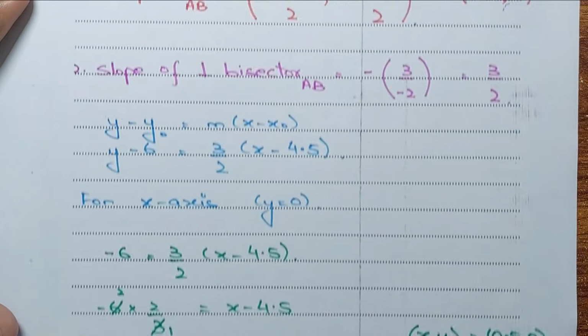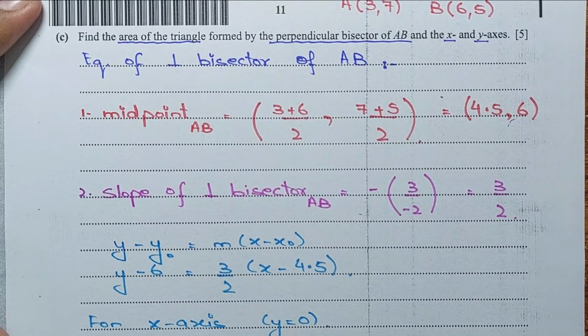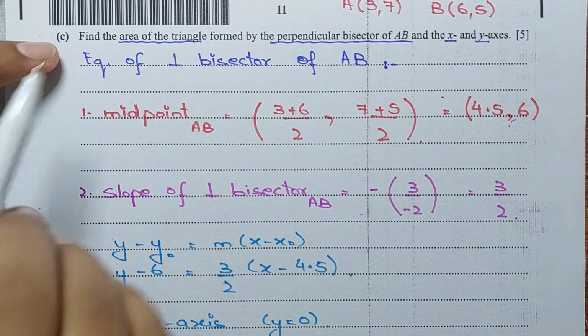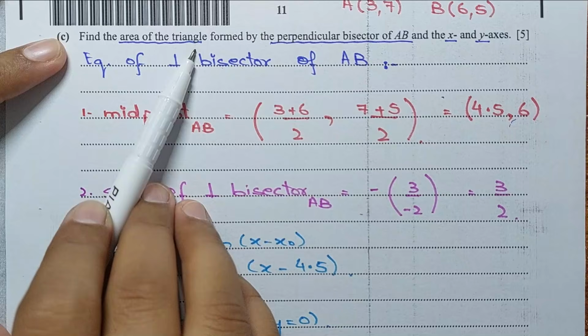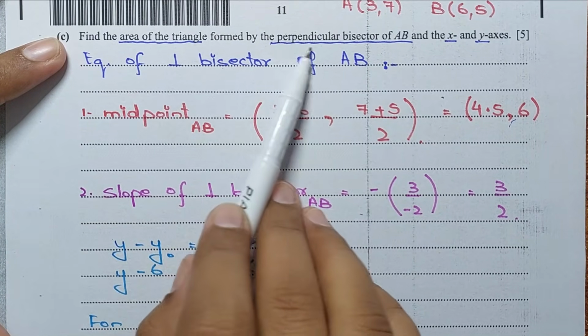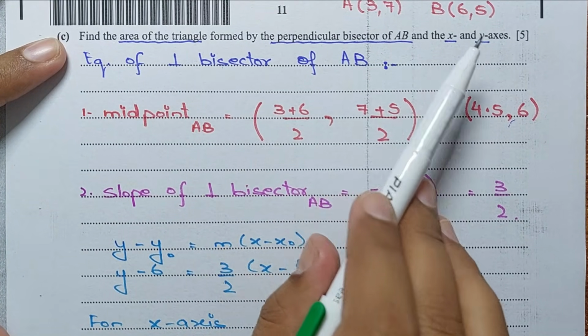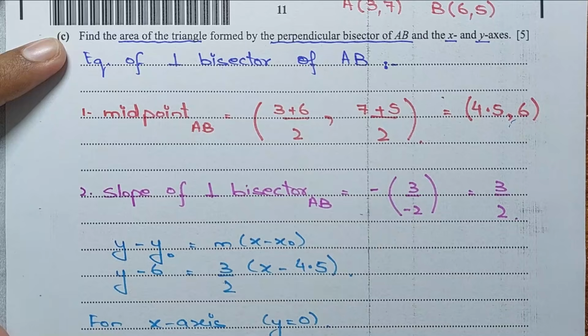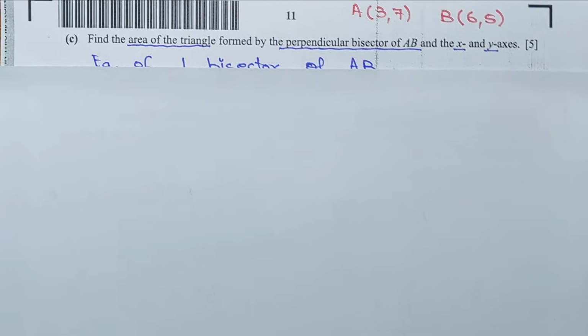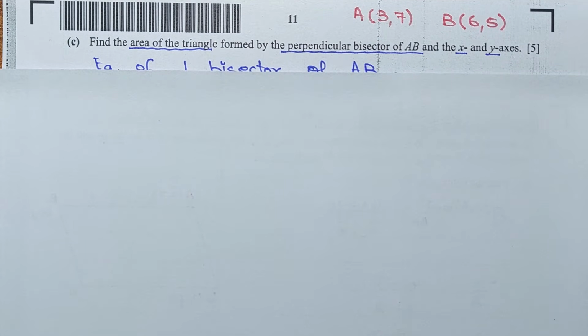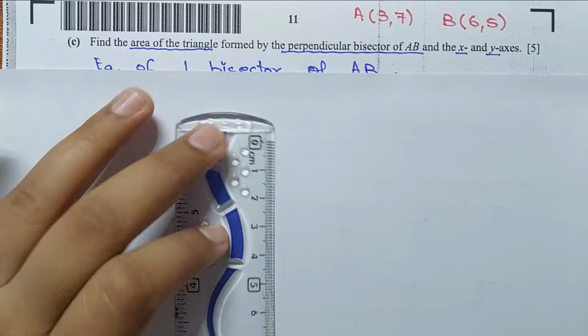Okay, we have the equation of the perpendicular bisector of AB, the x-intercept and the y-intercept. Now we need to find the area of the triangle which is formed by the perpendicular bisector of AB and the x and y axes. Let us visualize this situation. On the grid, let me draw the grid first.